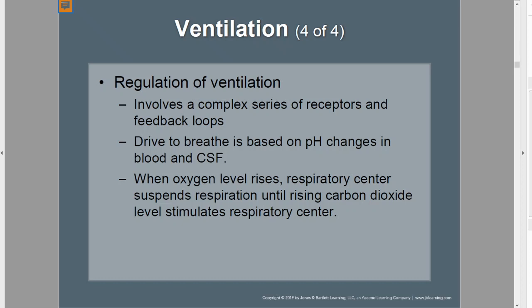Less CO2 is going to make us alkalotic. And so basically that's what we monitor.